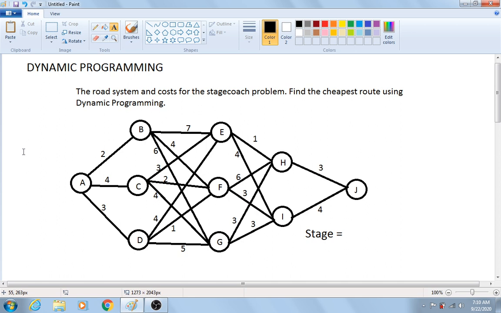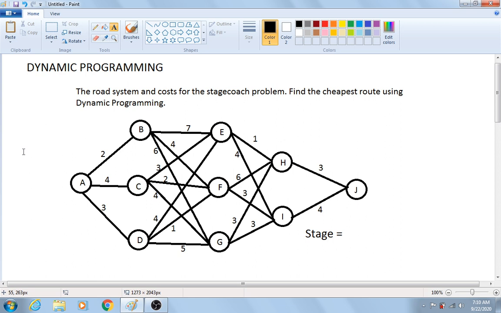As indicated by its name, dynamic programming, the terminology dynamic means something that changes over time. So in a dynamic programming problem, we will find a problem that we can divide into stages, and the stage functions like time but in a discrete way.